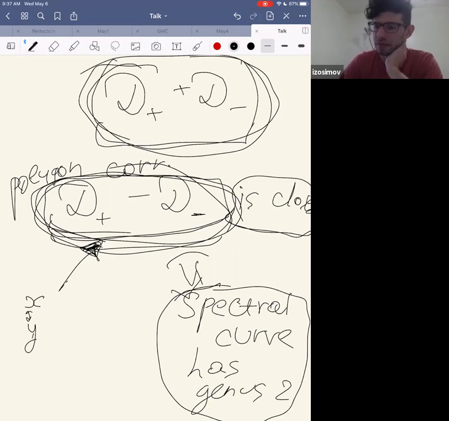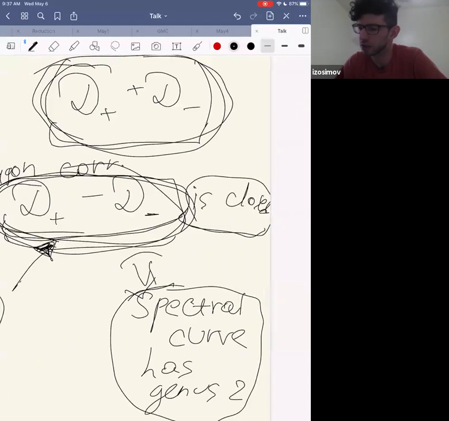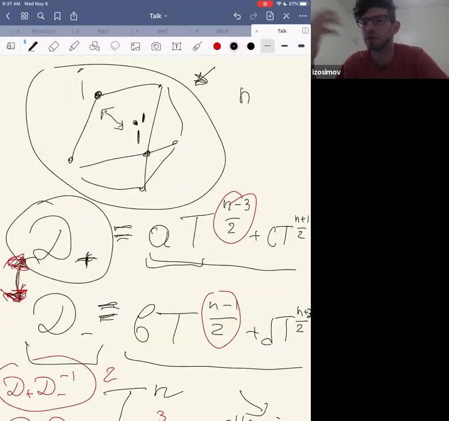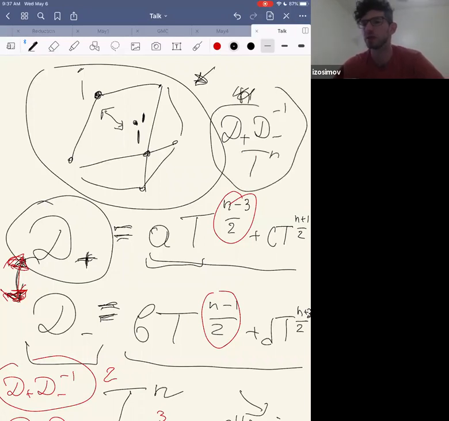So if that defined a smooth curve, then of course it would be genus 2. But what I show is equivalent to saying that that curve must have a singularity. And also if one uses other generators, like if one writes the spectral curve as one usually does for the pentagram map in the standard form, so if you take these two operators and write down the equation of the spectral curve, then it will be of a very high degree.